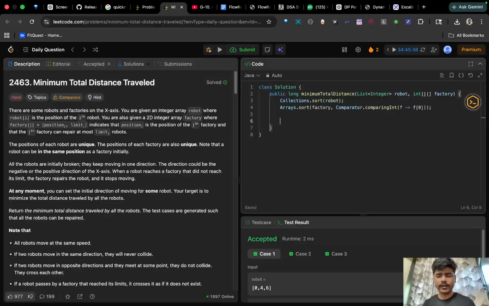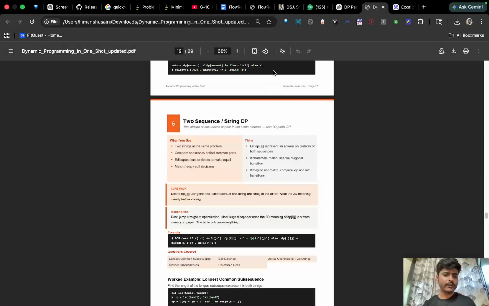The next thing I need is to flatten this factory from a 2D array into a 1D array, as I have told you here. So for that I'll be taking a list of integer named factoryPositions equal to new ArrayList.